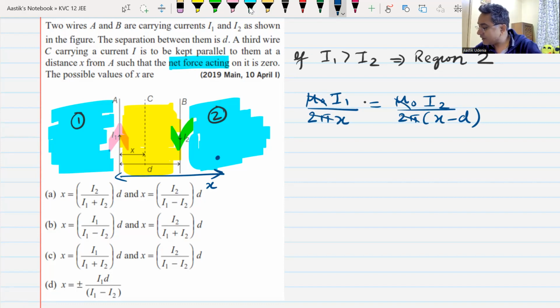So from here you will get the value of x. What is the value of x that we are going to get?